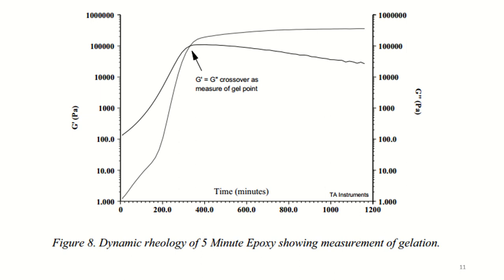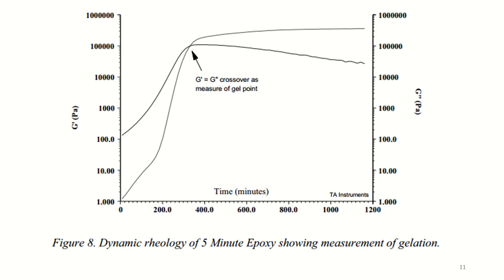In this material, the 5 minutes refers to the gel point or maximum work life at room temperature. The value measured can be seen to be very close to this time.